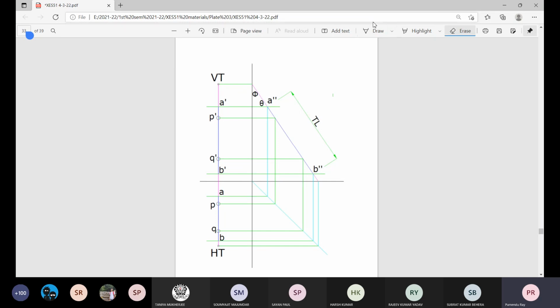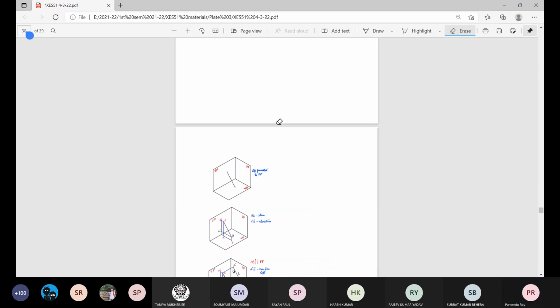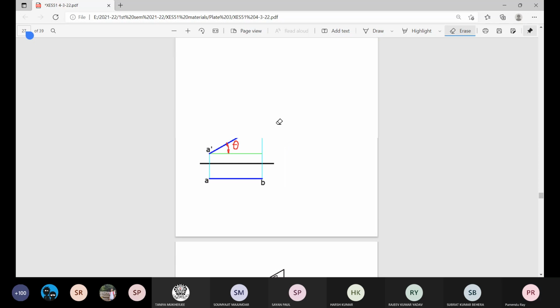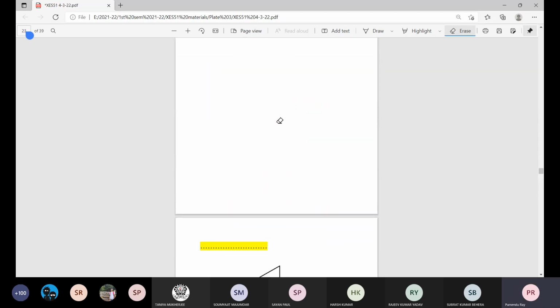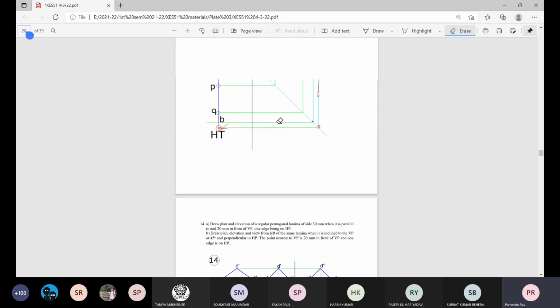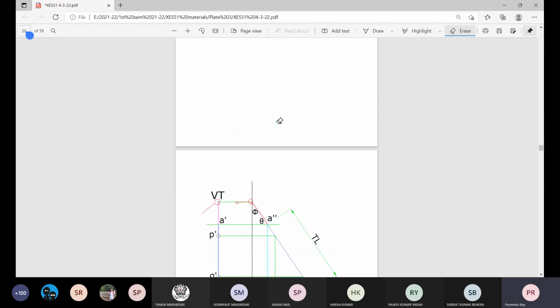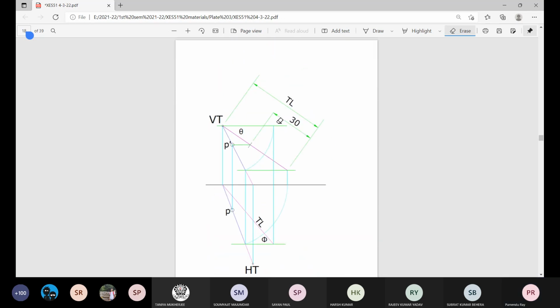Now regarding the other two problems, 11A and 11B, one piece of information is there. What is that? The location of that point P is mentioned. So this is from the bottom of the line at some distance.